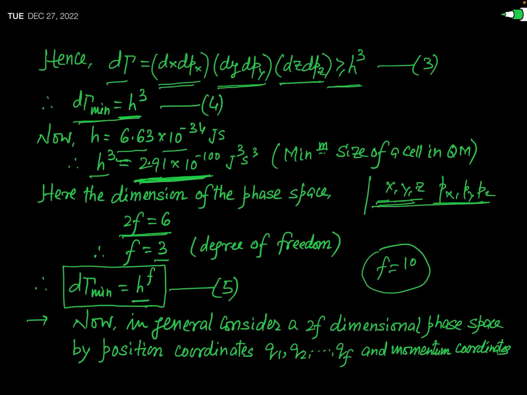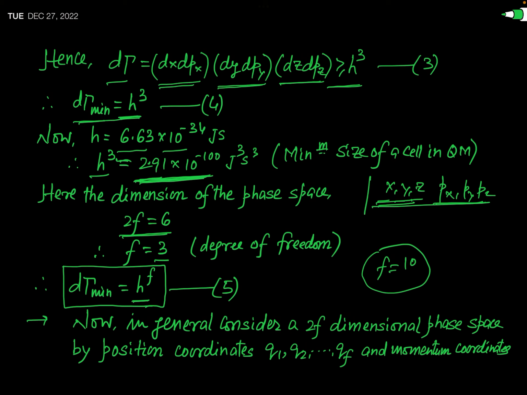You can see this result independently. Here I have derived the result that d gamma minimum equals h to the power f from the example mentioned above. But in general, if our phase space is 2f dimensional, then we will need f position coordinates and f momentum coordinates to describe the state of a system in that phase space.